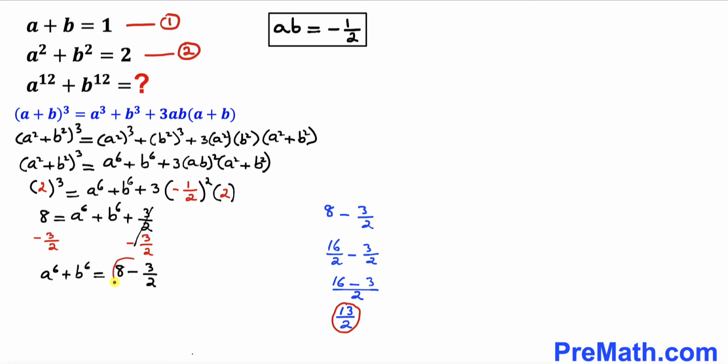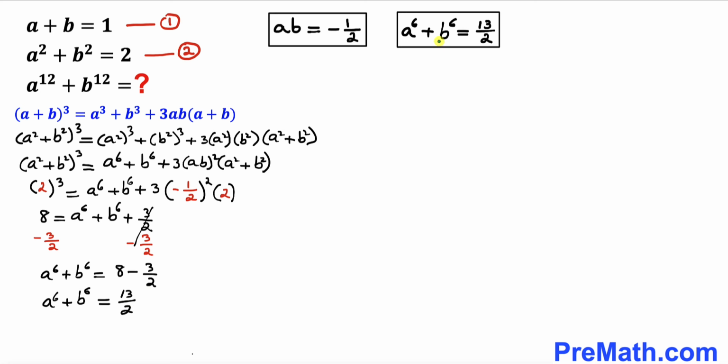So therefore I'm going to replace this right hand side by 13 divided by 2. So therefore our a power 6 plus b power 6 value turns out to be 13 divided by 2. So therefore we figured out a power 6 plus b power 6 value as 13 divided by 2.